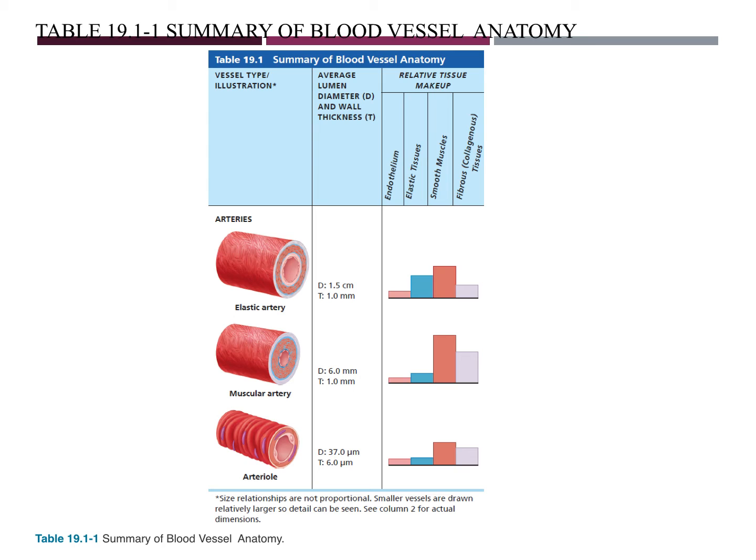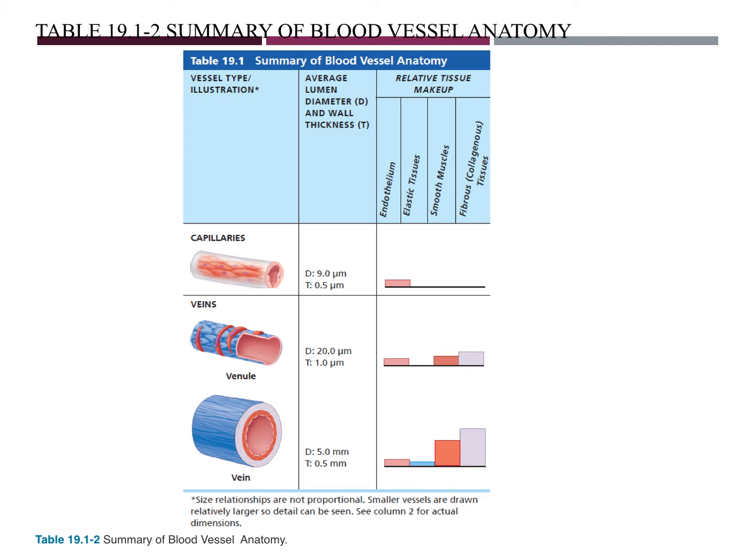The diameter is going to be largest at the elastic artery, where it's closest to the heart, because we need to get the blood away from that. Then it gets smaller as we get closer to those capillary beds. And one thing I'd point out here is the change in the smooth muscle. The muscular artery is going to have the highest amount of smooth muscle.